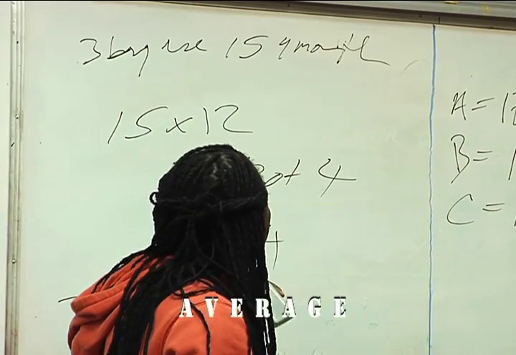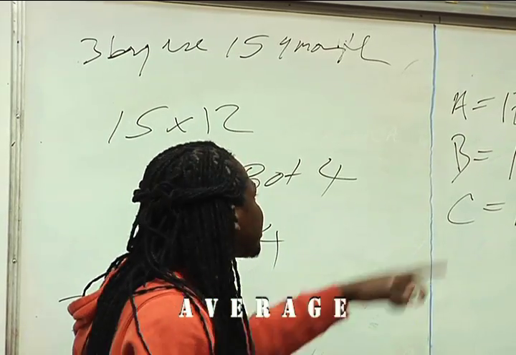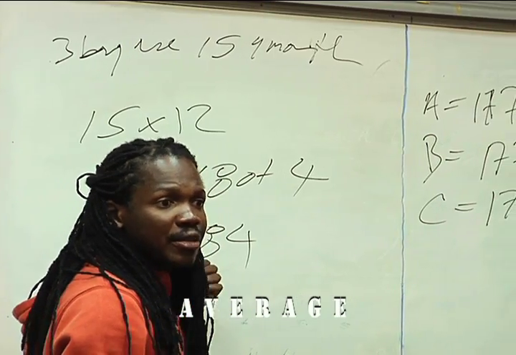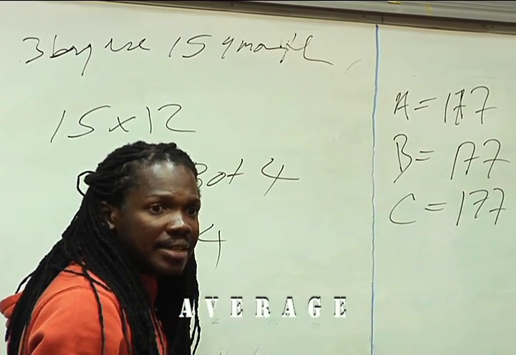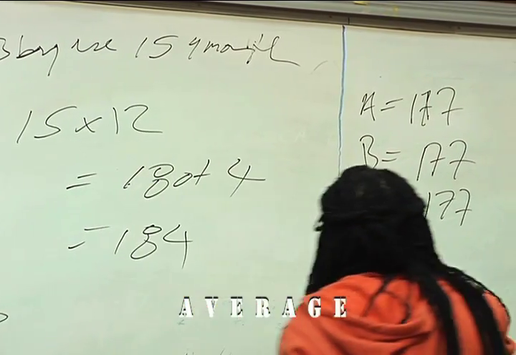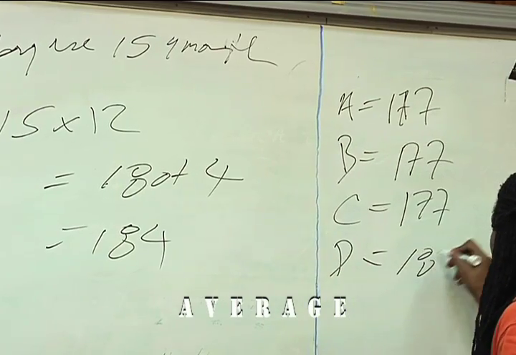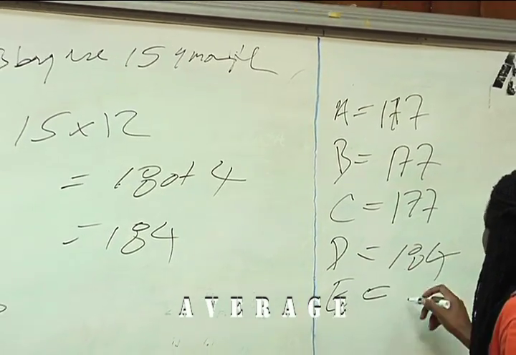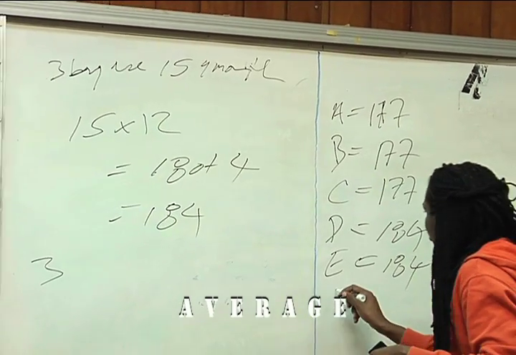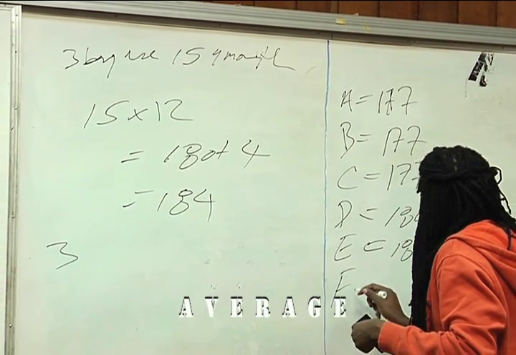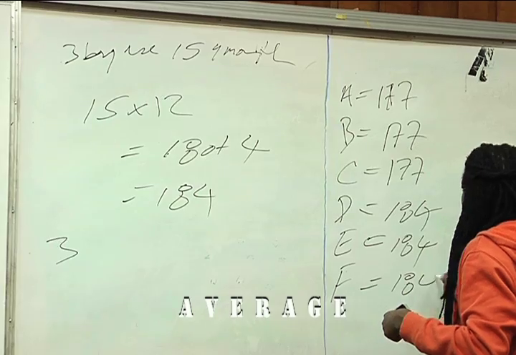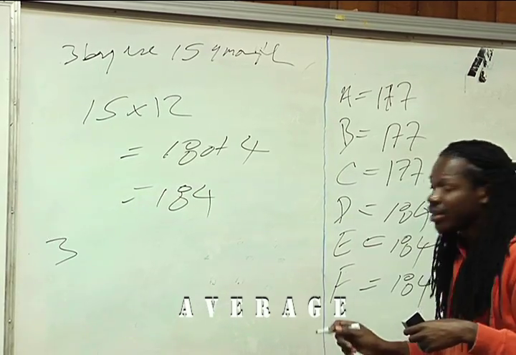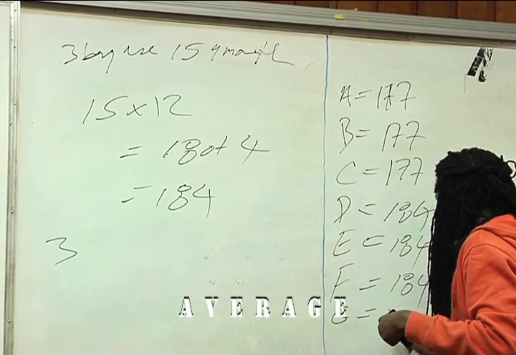Let's assume this is like a school, with some in third form and some in fourth form. So boy D equals 184, boy E equals 184, boy F equals 184, and G equals 184.